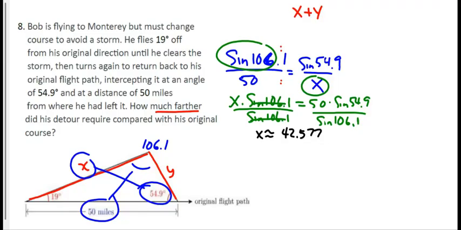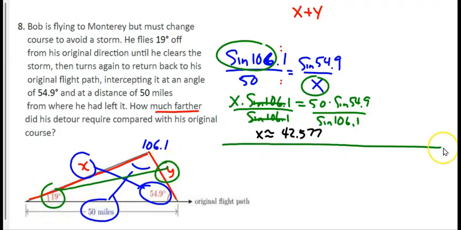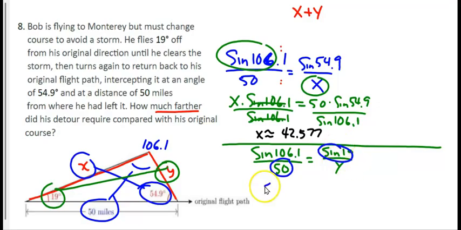And then for the value of y, I'm going to use the same first ratio, since that's given to us. The second one would be the sine of 19 degrees over y. Cross multiply.